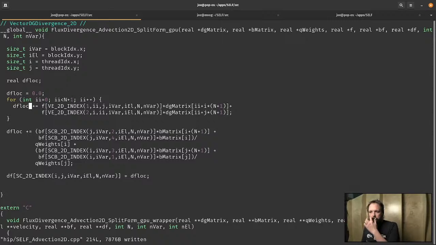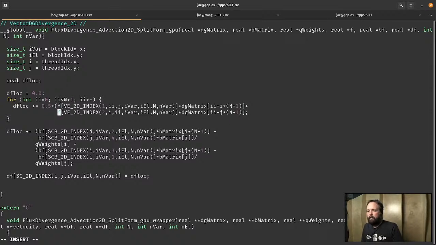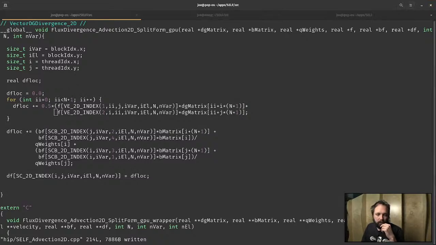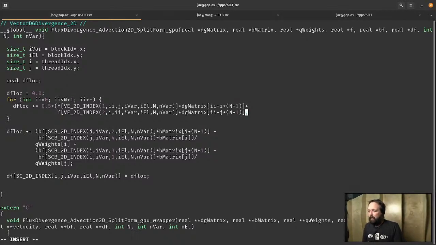All right. So again, what I want to do is 0.5 times that. I believe that the DG matrix already takes into account that negative sign. So actually, no, it doesn't. I know where I take it. Ignore me. All right, so we've got the conservative form.